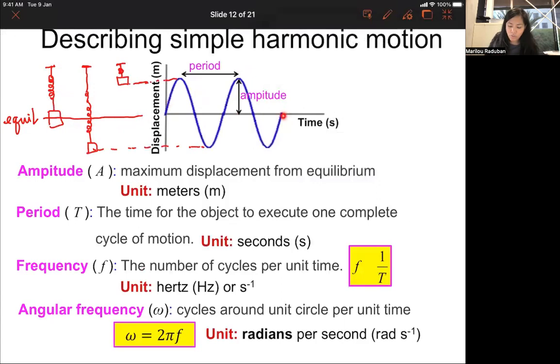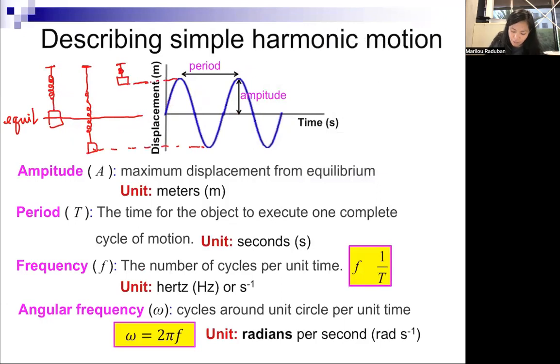And from the sinusoidal graph, we can pick out the period of oscillation. That's the time it takes for the object to accomplish one cycle of its motion, and that's the time between two successive points in the graph. So pick 2 points in the sinusoidal graph just before the graph repeats itself.